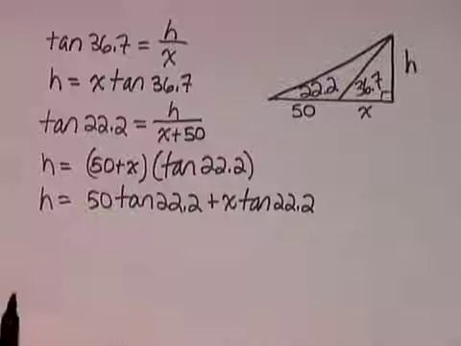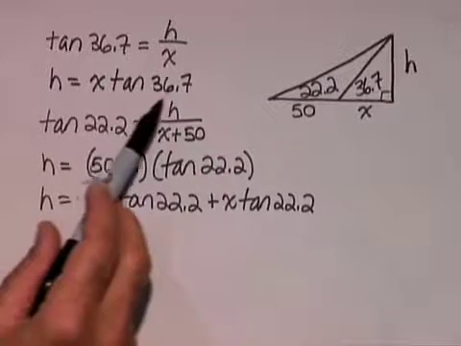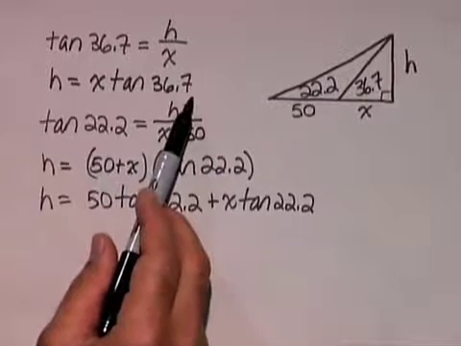So now what I have are two equations, both of which have been solved for h. That h is the same h, so what we can now do is set the two equations equal to each other because they each are equal to h. Let's take a look at that. Here's my first h. h equals x times tangent 36.7.